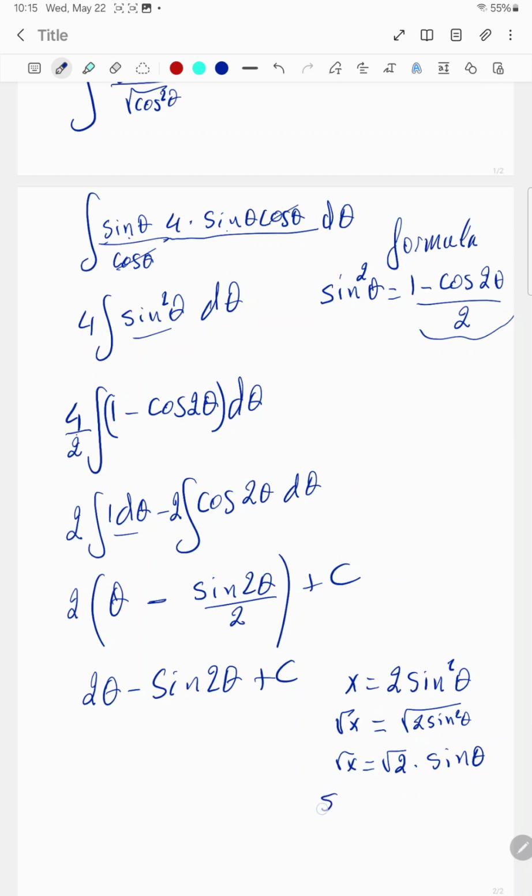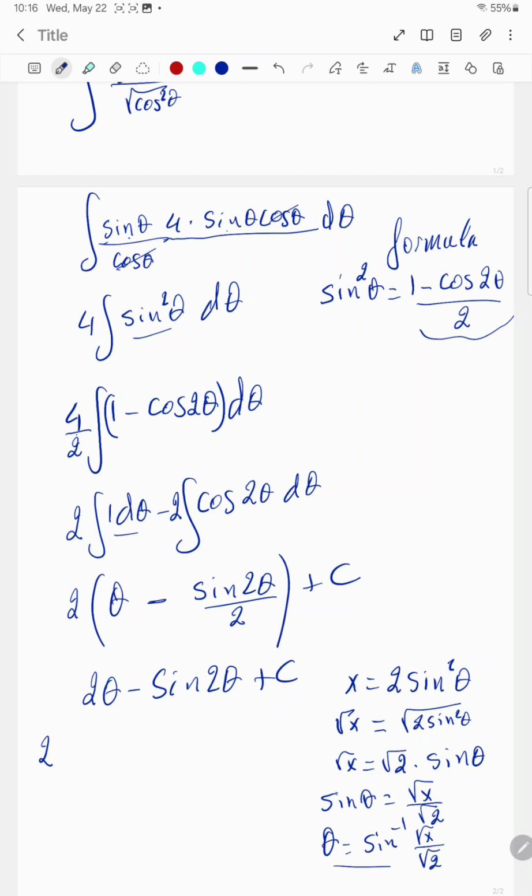So sine theta is equal to square root of x divided by square root of 2, and theta equals sine inverse of square root of x divided by square root of 2. Now I have to replace theta by its value.